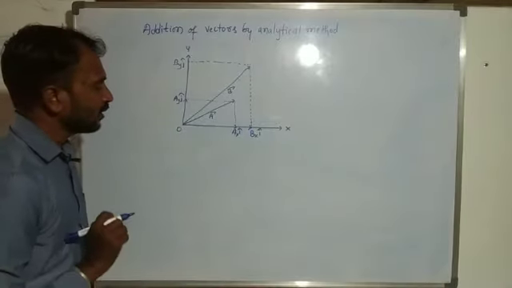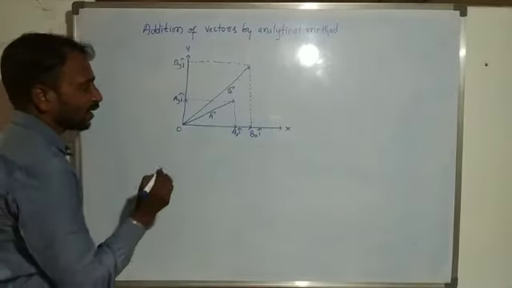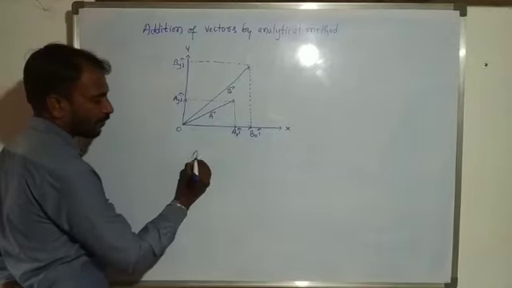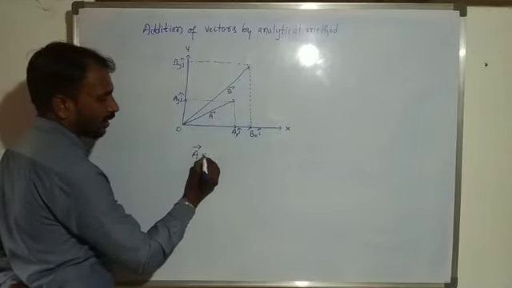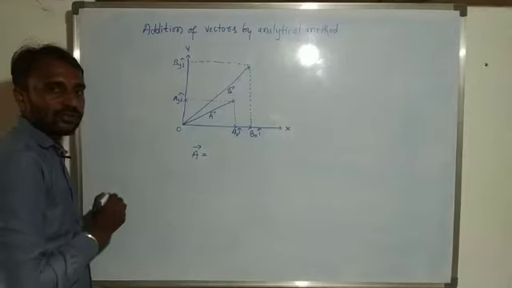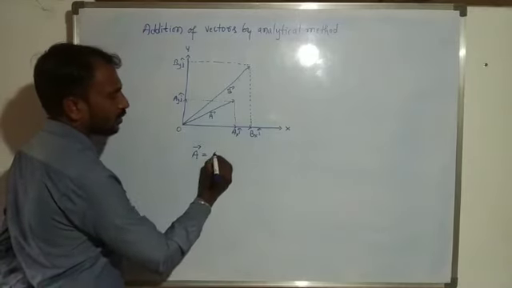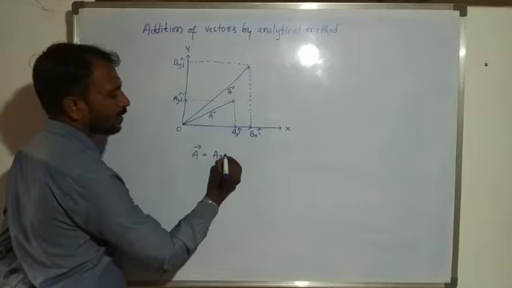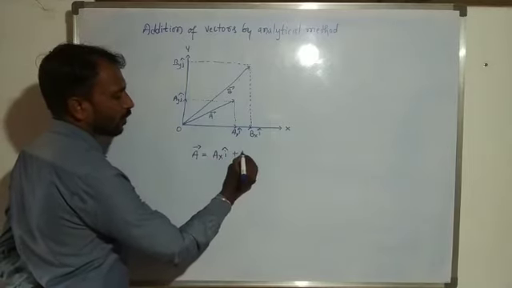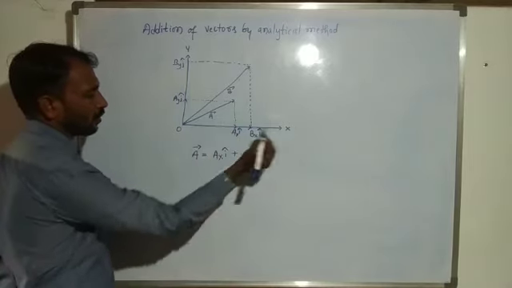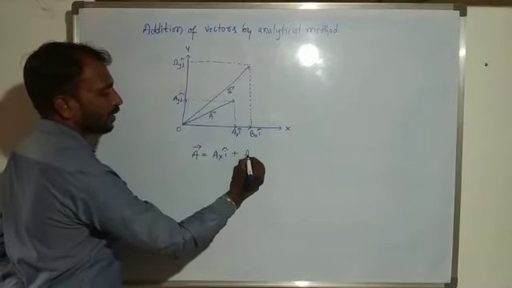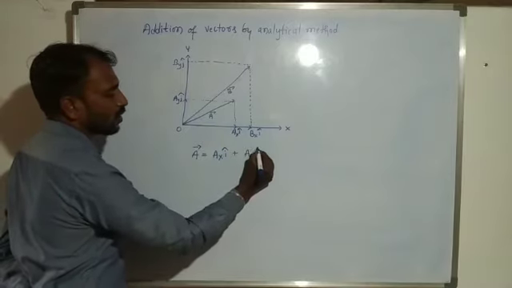So vector A, the position vector A, is equal to Ax i cap plus Ay j cap.